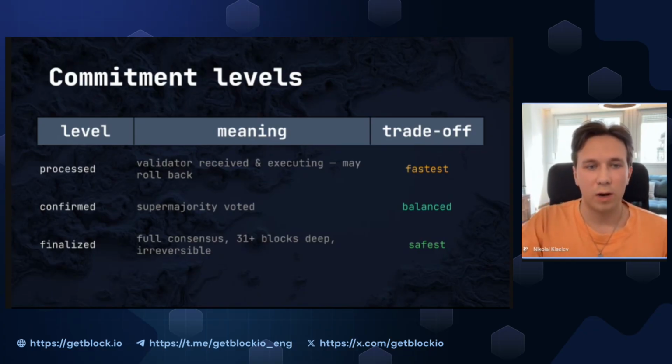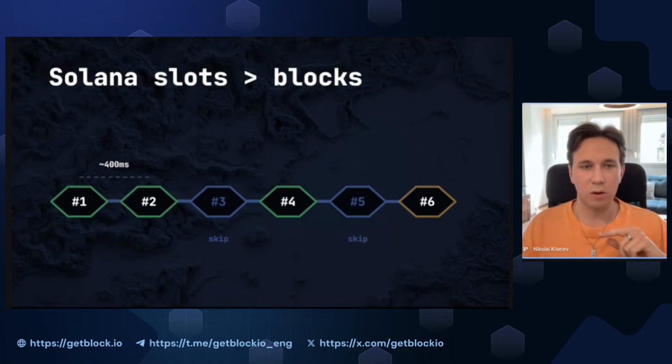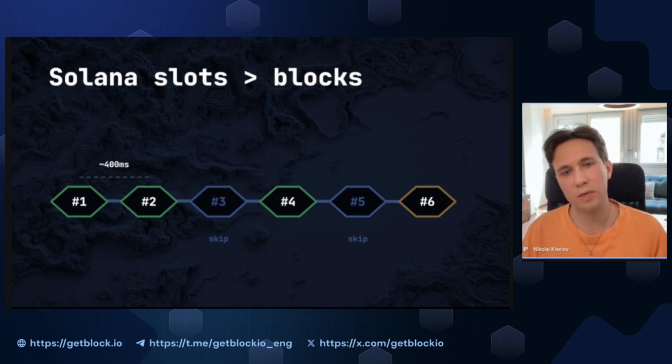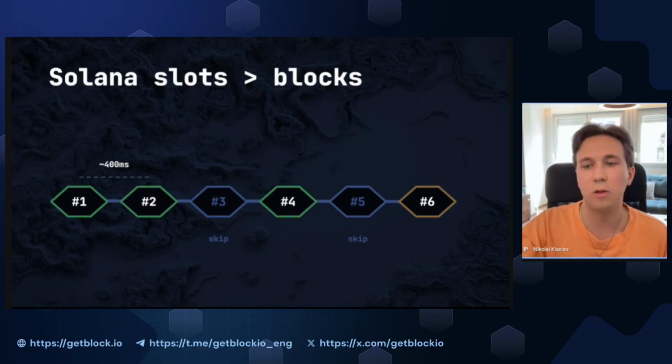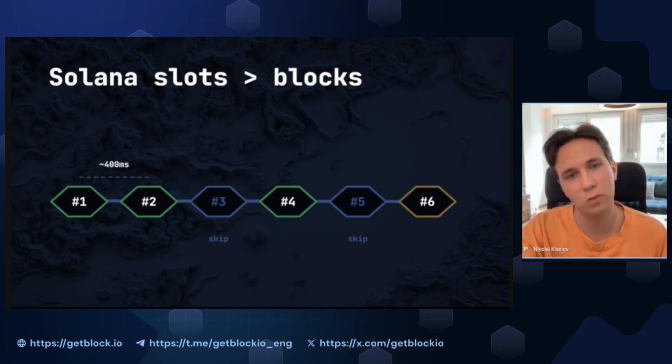So that's what Yellowstone gives you. First of all, you get the least latency possible, and it will not wait for all these 31 blocks to be confirmed before you have the data. With Yellowstone, you will have it immediately.